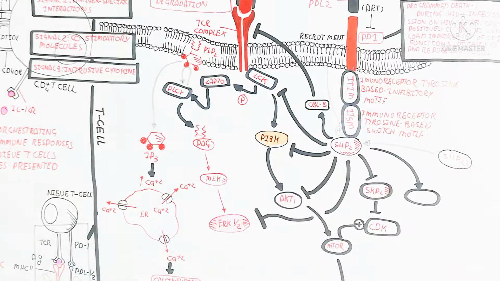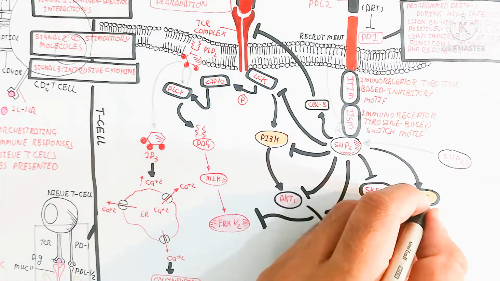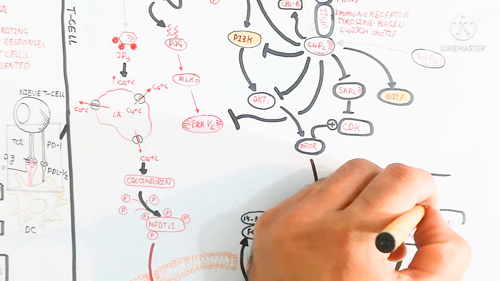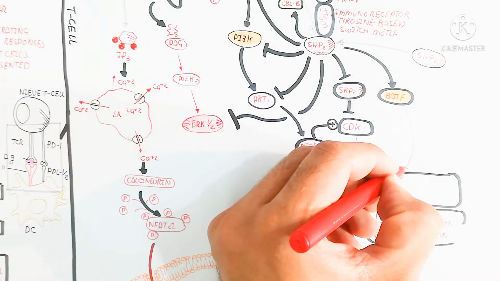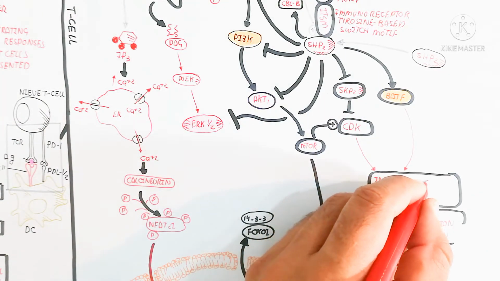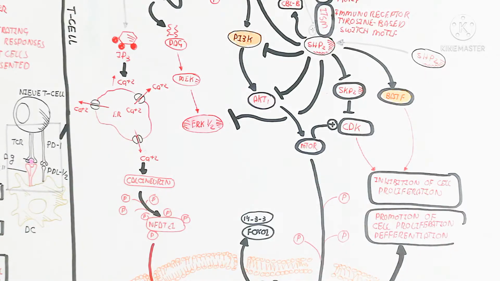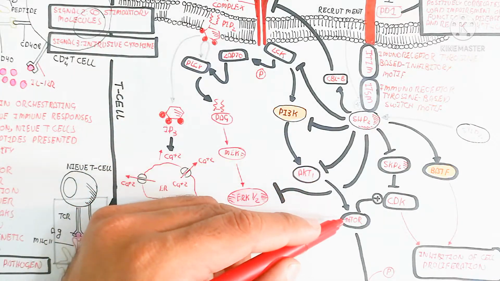On the other hand, the mTOR pathway is ultimately inhibited due to PI3K pathway inhibition and AKT1 pathway inhibition through SHP2. And SKP2 inhibition inhibits the CDK, with activation of BATF, which is used for the inhibition of cell proliferation.